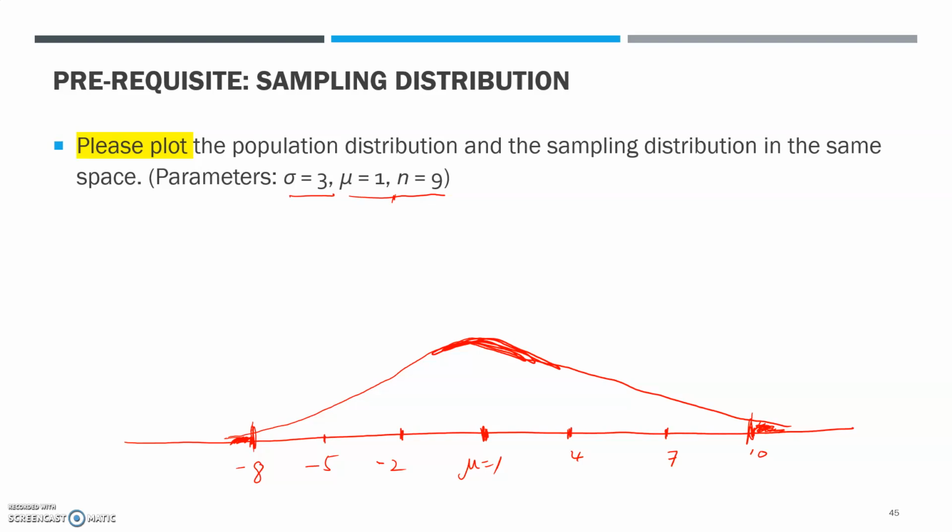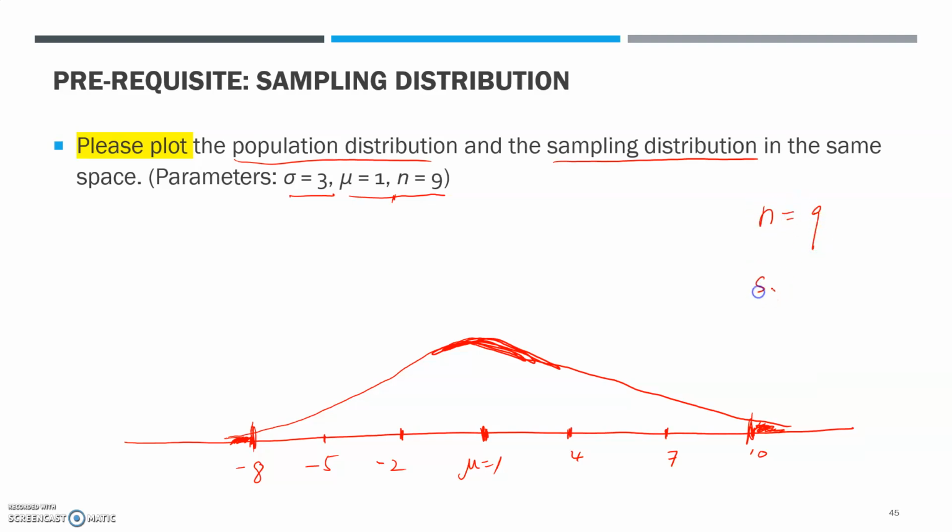If you do not understand the difference between the population distribution and the sampling distribution, I warn you, stop here and go back and review those concepts. If you do understand, you come back to this video and you proceed. Okay? And we draw a sample of 9.